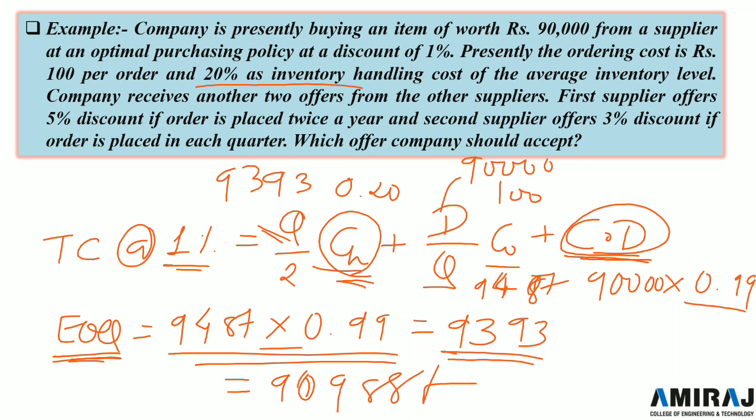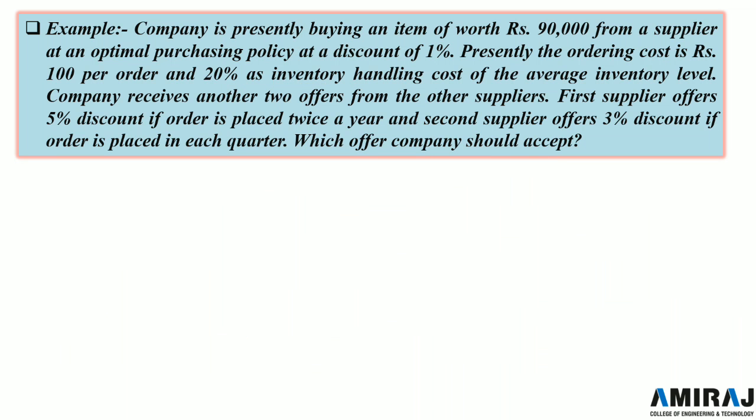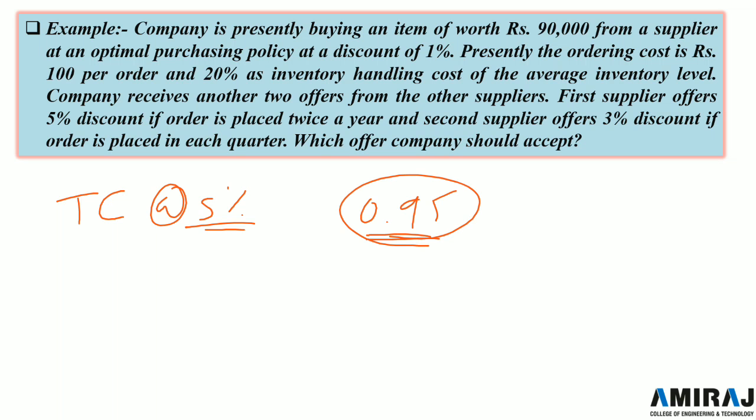The first supplier offers 5% discount, and the second supplier offers 3% discount. So for 5% discount, similarly we have to calculate the total cost at the rate of 0.95, as the 5% discount is considered.